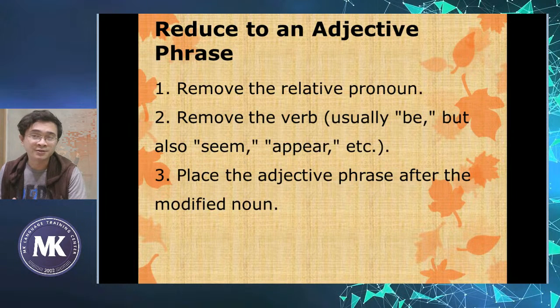But somehow there are two kinds of clauses. Can you remember? We have dependent clause and independent clause. When we say independent clause, this clause can stand by itself. However, a dependent clause cannot stand by itself.